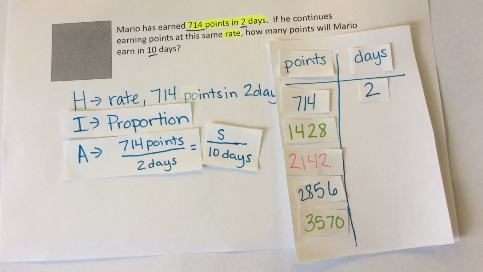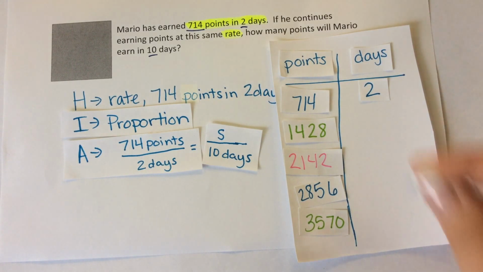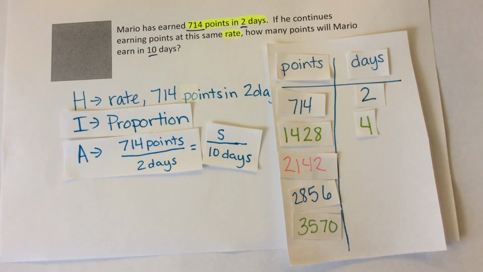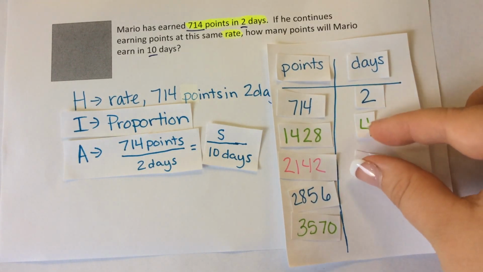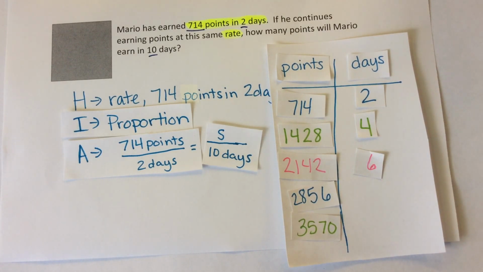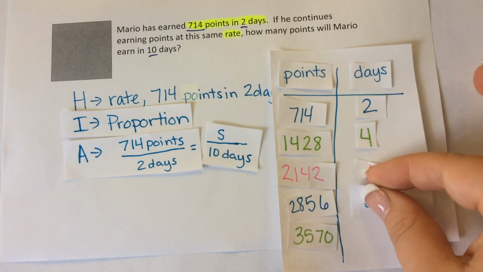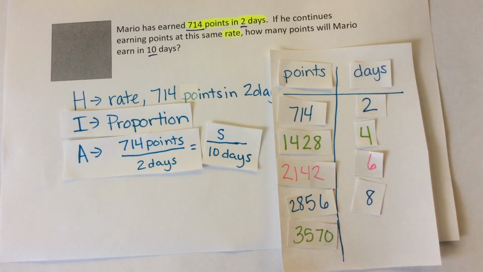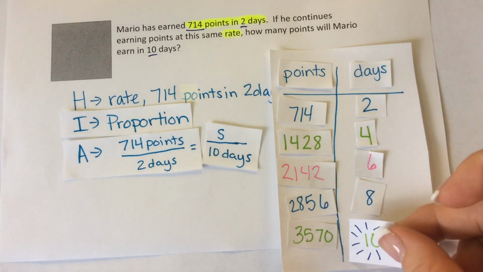We also need to add our days repeatedly. We started with 2 days, so 2 plus 2 is 4. 4 plus 2 is 6. 6 plus 2 is 8. And 8 plus 2 is 10.